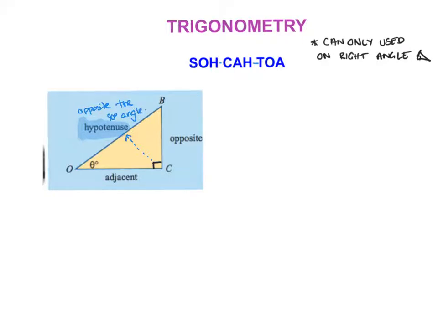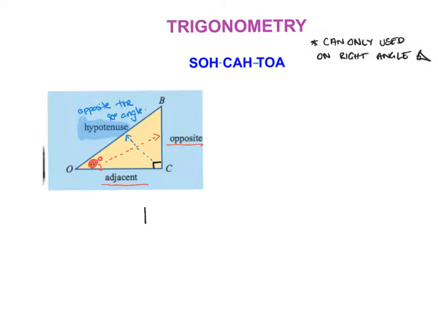Now the other two sides will be labelled according to what other angle we're talking about. So if you have a look here, they're using this angle down here. The side opposite the angle is called the opposite, and the one next to it is called the adjacent. So it's very important to label up your triangles.